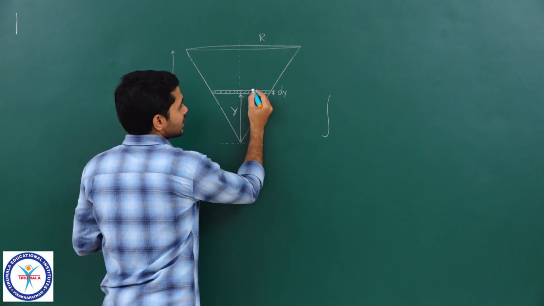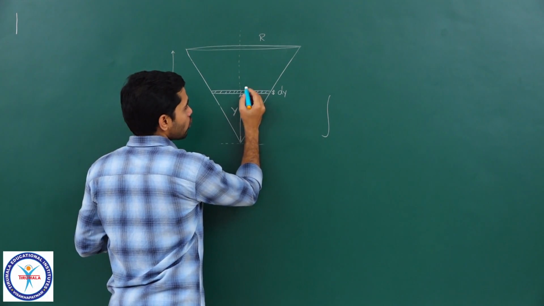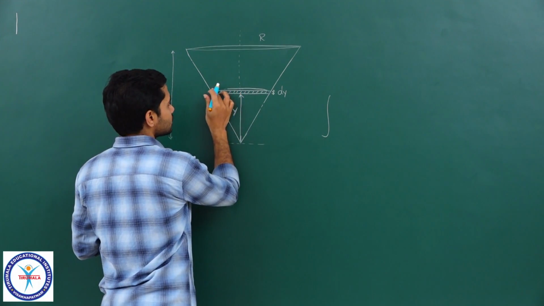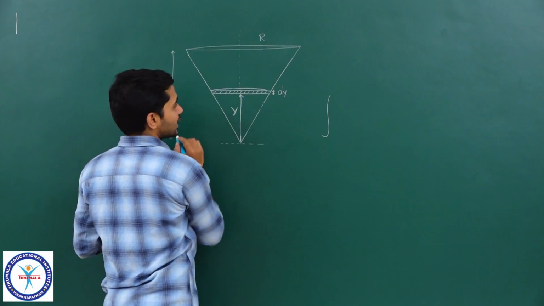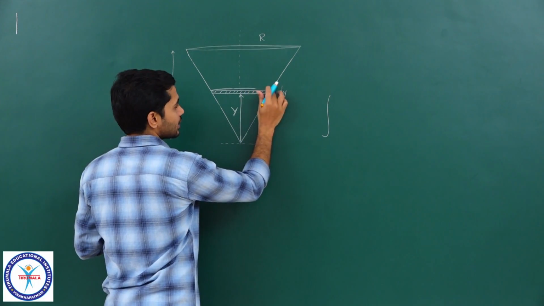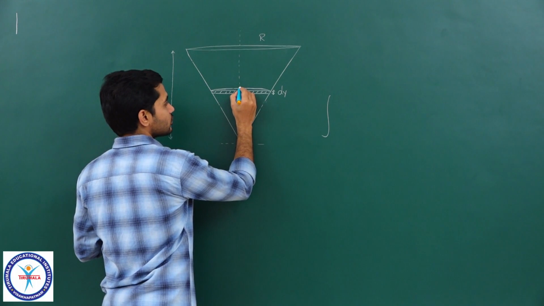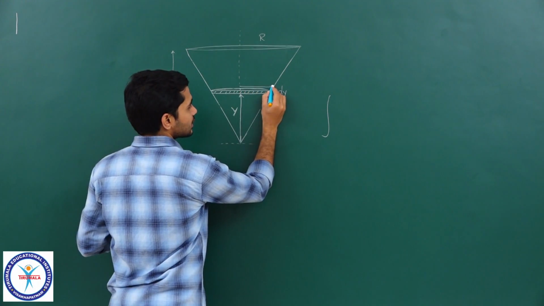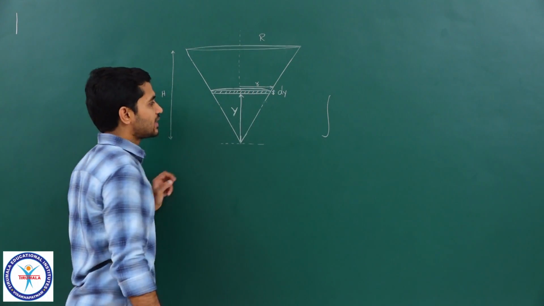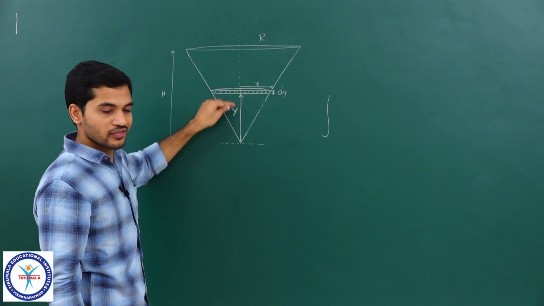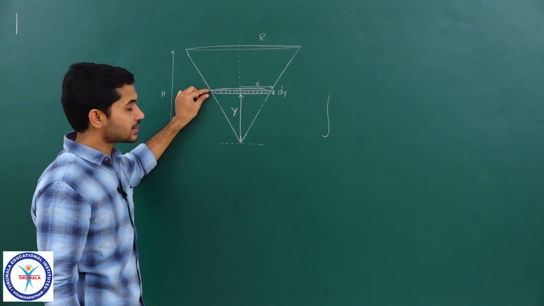Here let us consider the disc which is formed. It would be something like this, so that is how the disc would look. Let us say the radius of this disc is some r. So that is a disc of radius r, which is at a height of y from the vertex, and its thickness is dy.